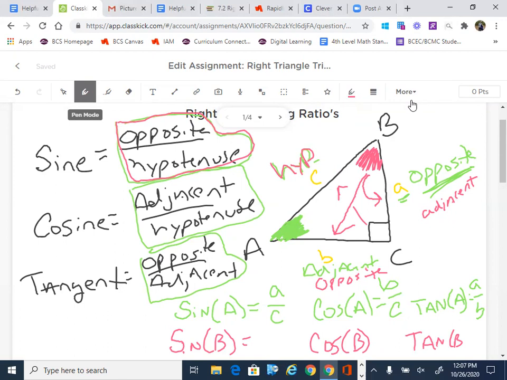The opposite is across from B, and that is B over the hypotenuse C. And the cosine of B, adjacent over hypotenuse: the side next to it is now A, so A over C. And the tangent is opposite over adjacent, and now using the pink colors, the opposite is B over A. You can see some formations of what's happening when we use separate angles within right triangles. Those are basic trig ratio setups for right triangle trig.